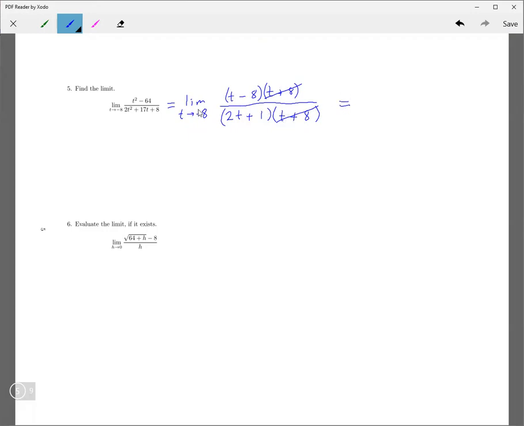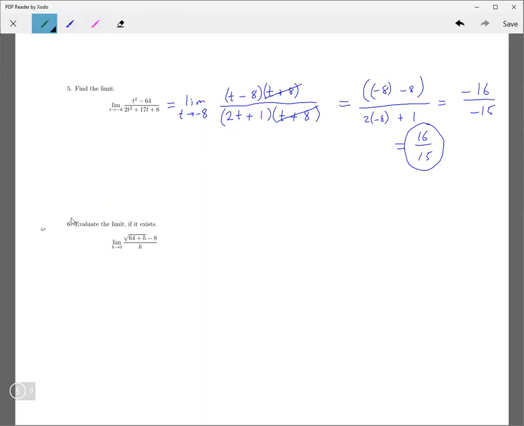And that means you can just plug in -8 here, and plug in a -8 here, which is going to be -16 over -15. So 16 over 15 is the answer.